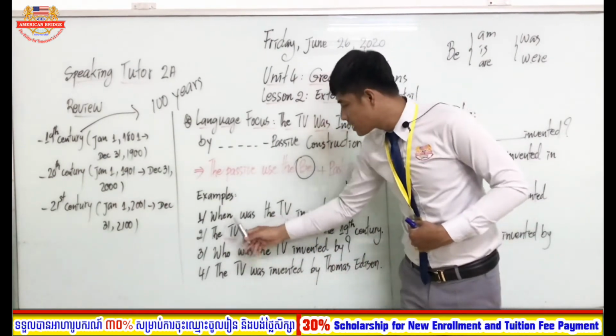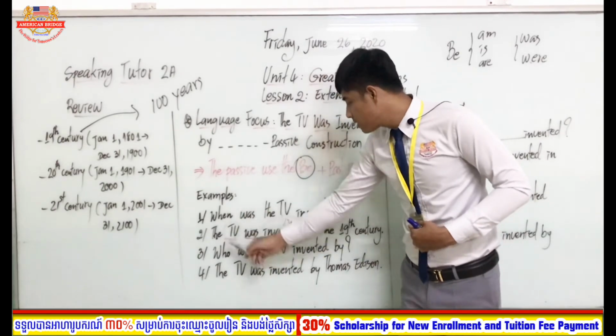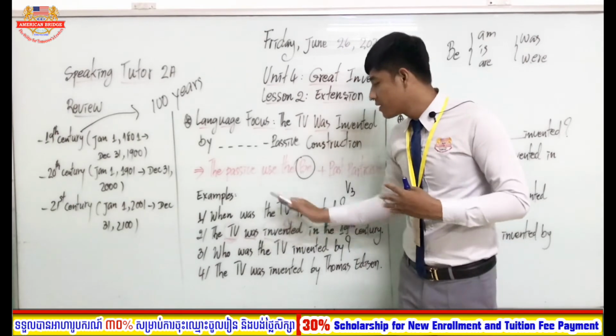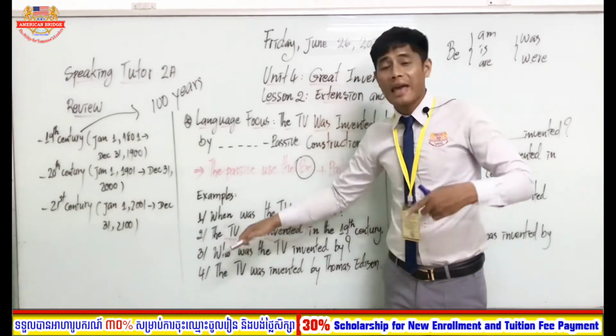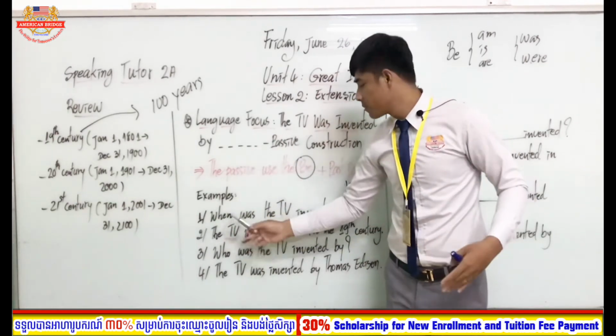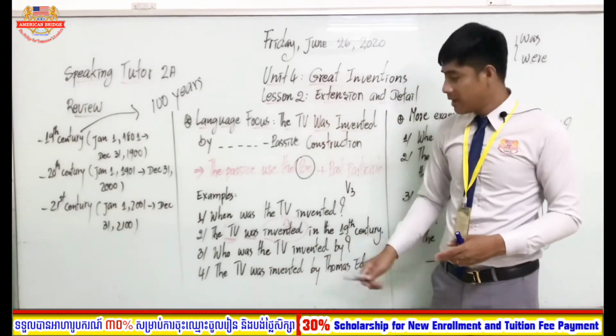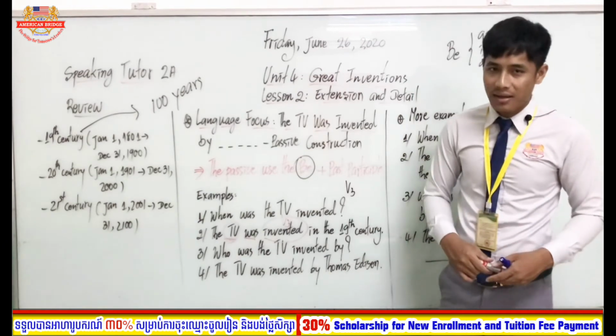As you can see here, the TV was invented. Invented what? Invented TV. So this TV is affected by the action of inventing, in the 19th century. Do you get this?